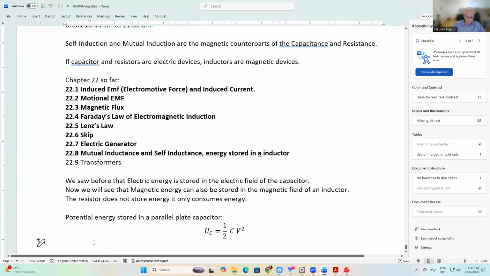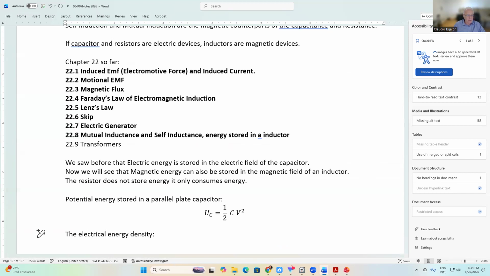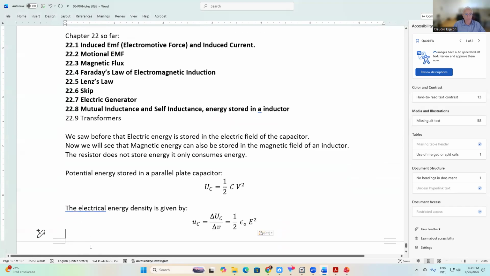Energy density. The electrical energy density is given by something you are not going to forget because it's easy to remember. We derived that in class as well.